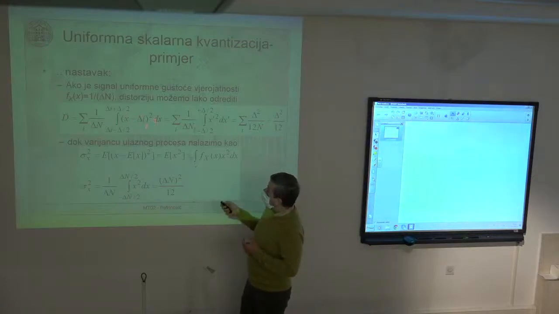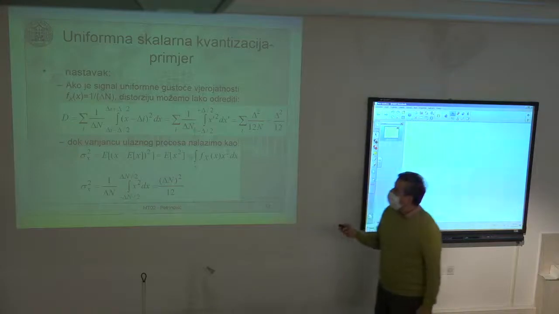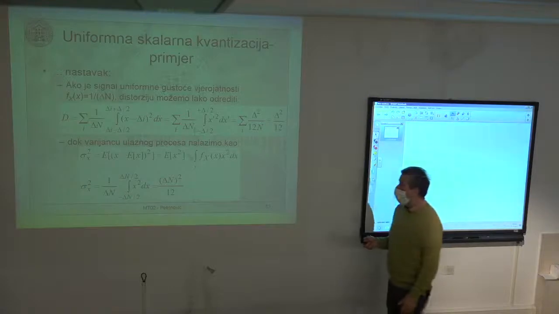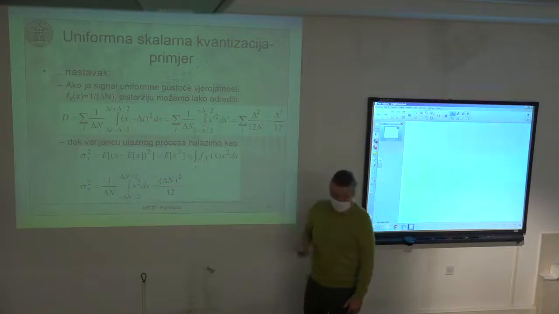This integral has the same form and the same value for all of the intervals, from the most negative to the most positive. But if the PDF of the process is not uniform, then it must be taken into account here, because this is the expectation that we are computing.